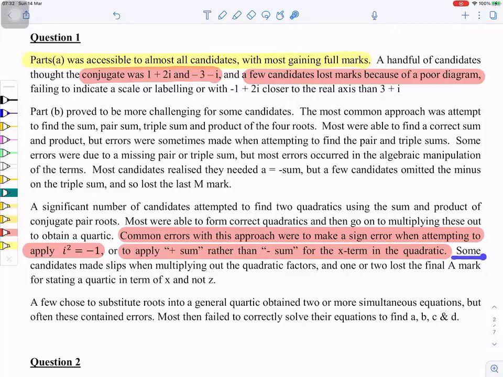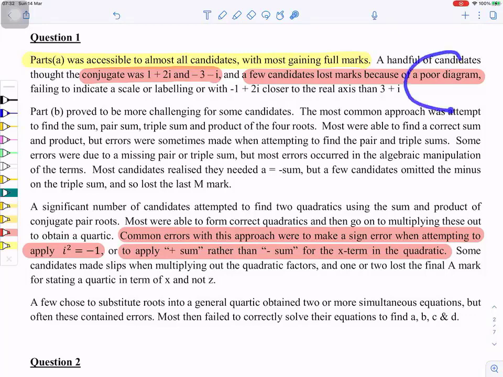And then it says some candidates made slips when multiplying out the quadratic factors. And one or two lost the final answer mark for stating a quartic in terms of x and not z, because it's in terms of z. So the important thing for me here is when you get i squared is equal to minus 1, it changes the sign.